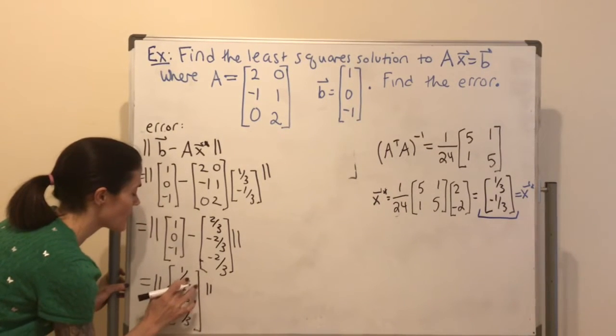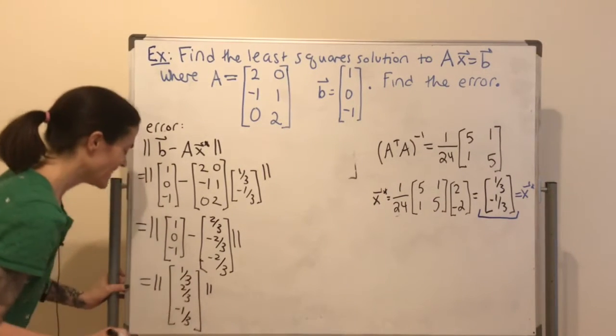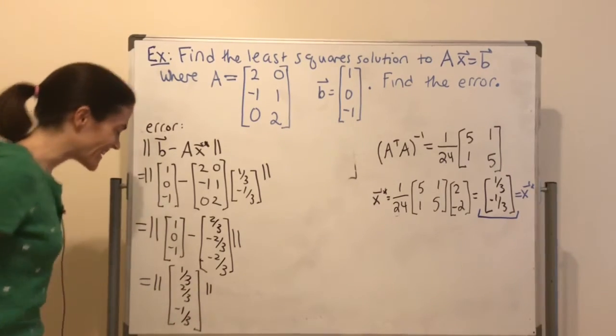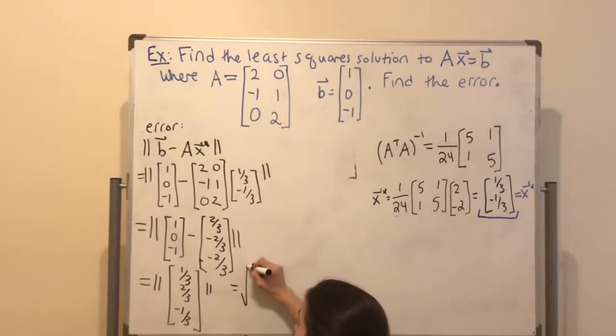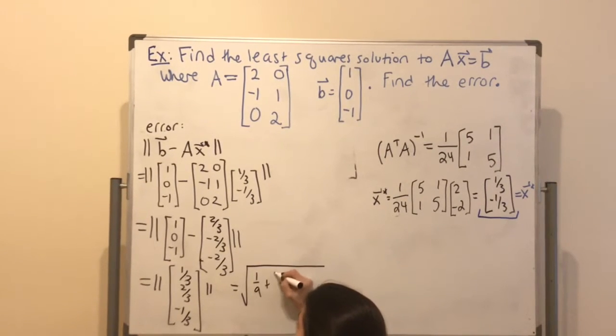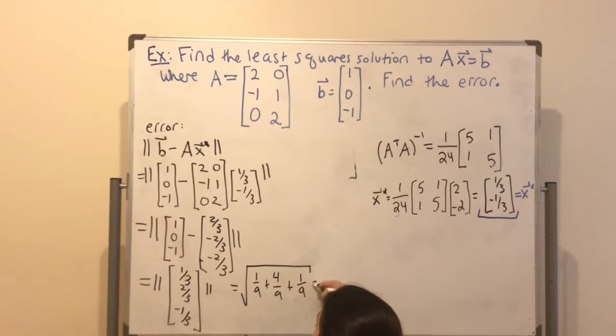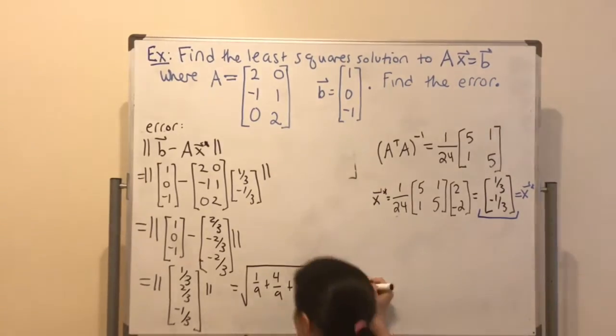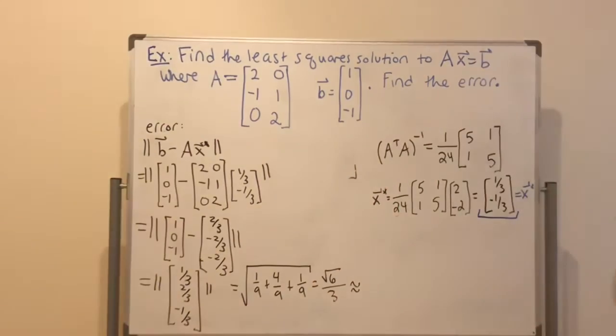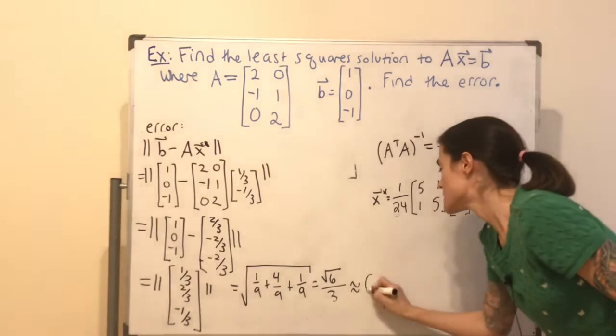Uh-oh, I wrote a half. Now I think we're okay. So it's the square root of 1/9 plus 4/9 plus 1/9, which is the square root of 6 over 3. And this is approximately 0.816.